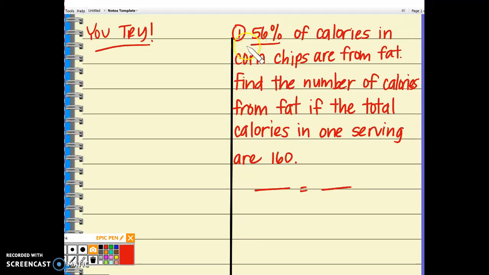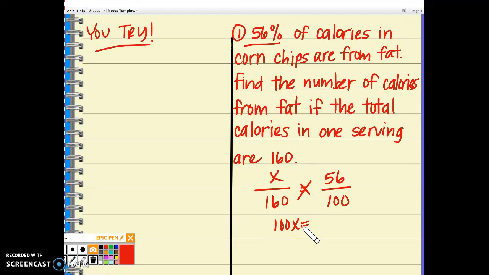All right, so we have a percent, 56%, so that goes over 100. We are solving for the part, the amount of calories from fat, so it'll be the x. The total is 160, so we cross multiply.